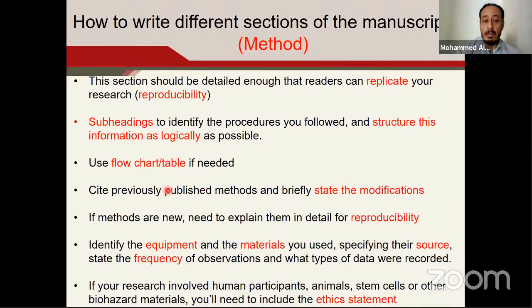If you are using a valid or well-known method, just say, this method according to this and that, and cite the reference. No need to describe it. But if it's with modification, after you say this method according to, and you cite the reference, say with slight modification briefly, and then describe the modification that you have done.